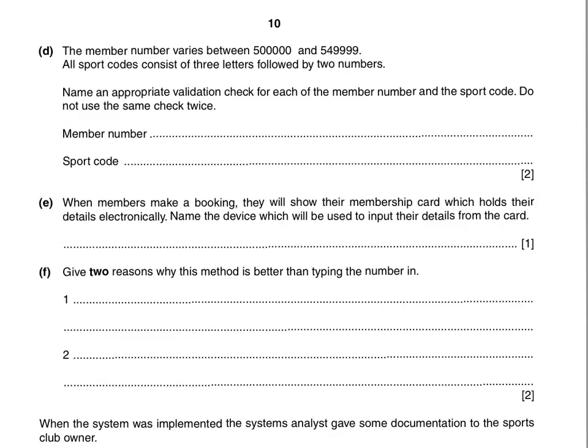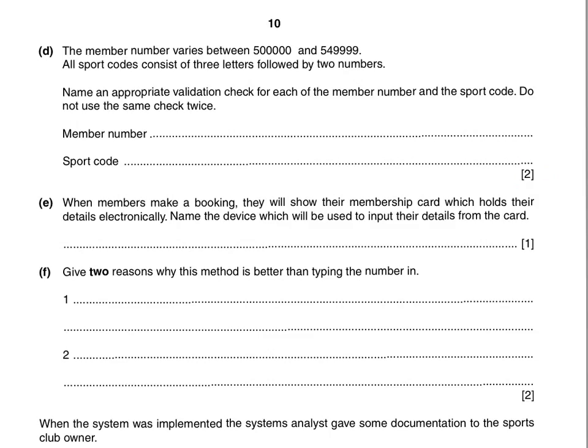In the next part of this database question, we have a 2 mark question: name an appropriate validation check for each of the member number and the sport code, and it gives you an example of the conditions here. Do not use the same check twice.